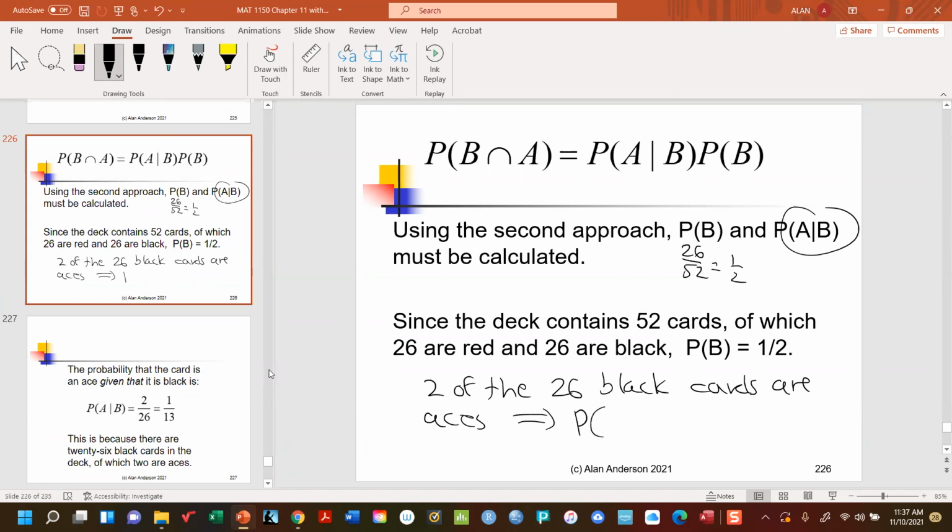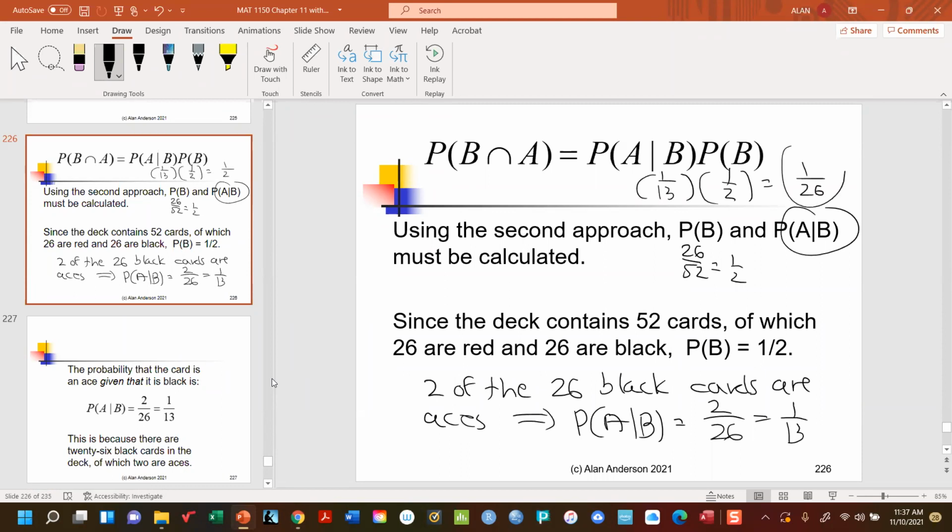Therefore, the probability of A given B is 2 out of 26, or 1/13. So you can see what I can do now. Ah, it's 1 out of 26. What do you know? No surprise.